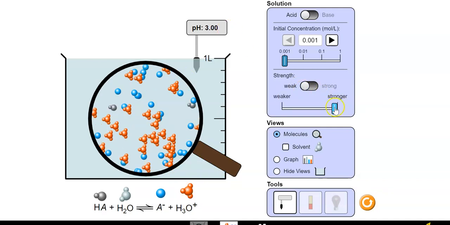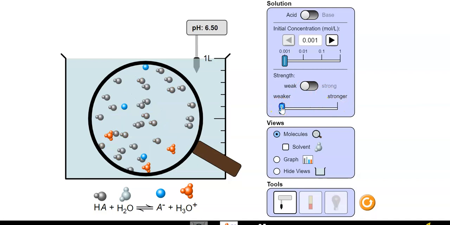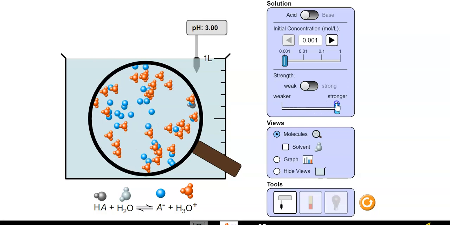Also, if you're on the weak option, you can see a gradient. So you can see what happens if you're moving from a weaker to a stronger acid. You can line up different things. There's a lot of different substances that are acidic, and there's a range of what's considered weak and strong.